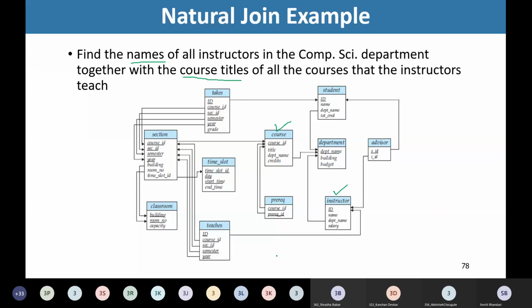This information is available in which relation? We are repeatedly using that table to write queries, where we have information about instructors and courses taught. Teachers. Correct? So this table.